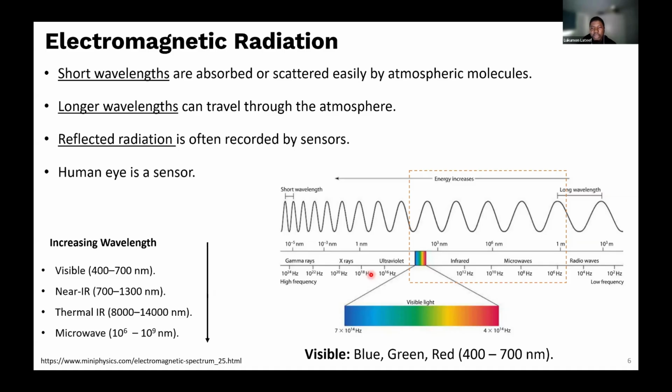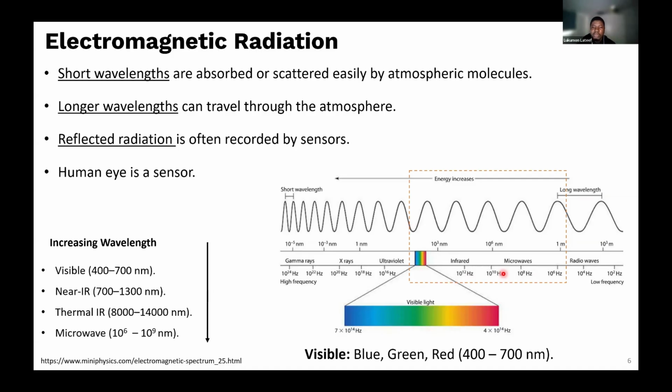But the wavelength of the energy has a very great impact on how far it can penetrate the atmosphere to get to the Earth's surface. That is why most times in remote sensing, we use the visible, the infrared, and the microwave, because they have relatively high wavelengths and they can penetrate the atmosphere or the particles and get to the Earth's surface.